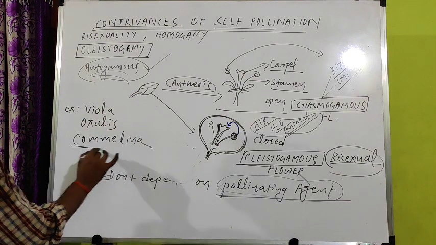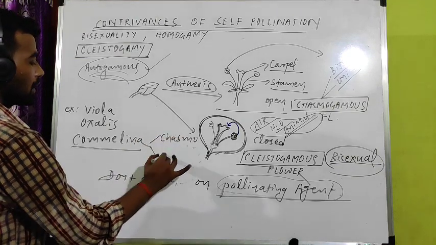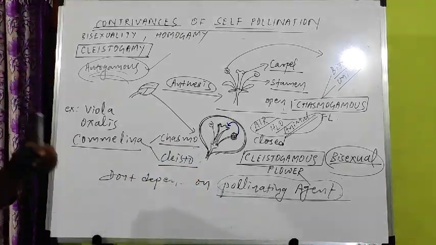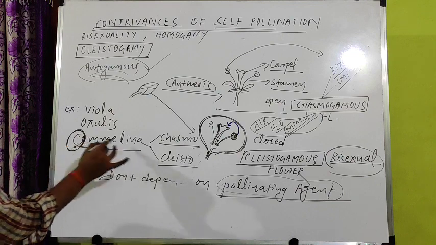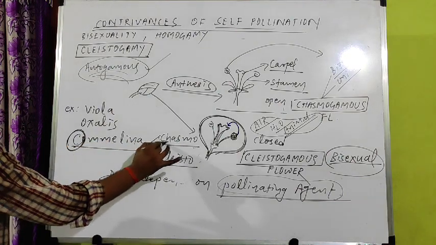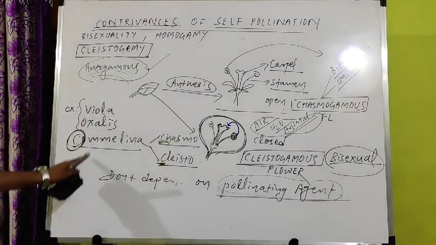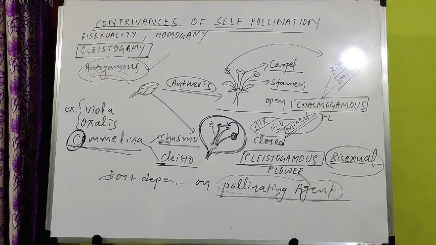But the last one, Commelina, shows both chasmogamous and cleistogamous flowers. Chasmo means open, cleisto means closed. In Commelina, because it starts with C, both can be present. But the other two are only cleisto, whereas this one contains both chasmo and cleisto.